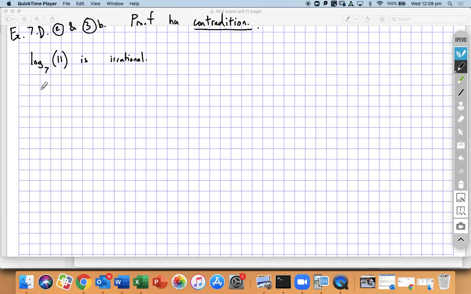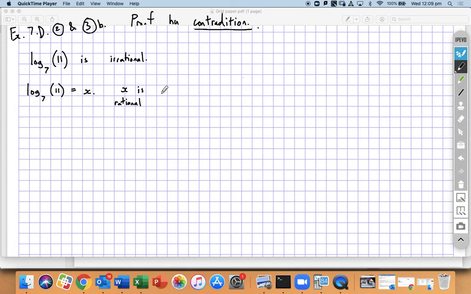So first we say, let this equal x, so that we have an equation that we can actually work with. We're going to say x is rational. So we're assuming the opposite case. I'm going to show how this is impossible.